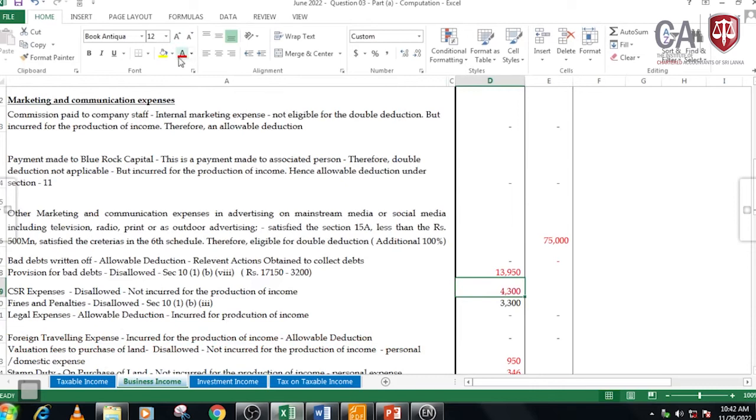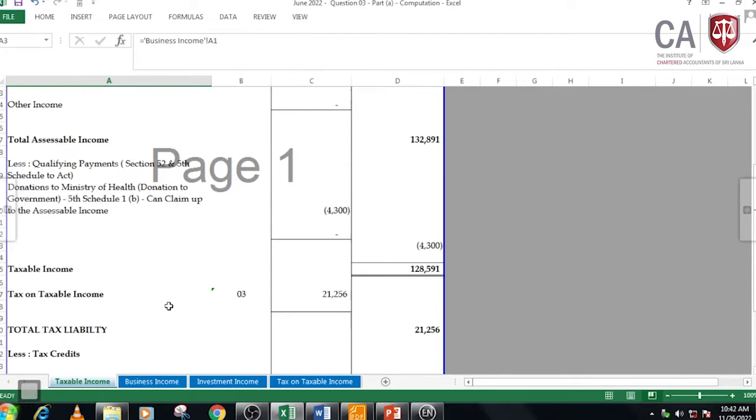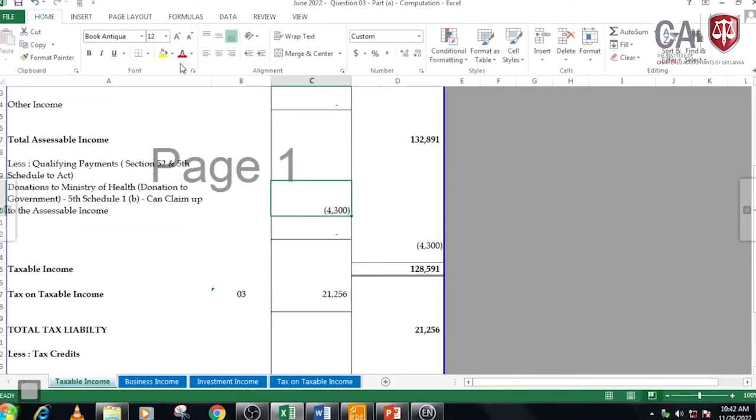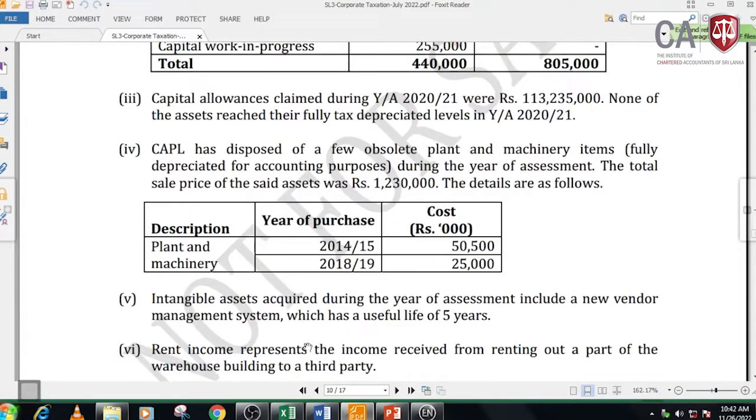And what I can do here is go to taxable income. In that, the donation to government can be claimed up to the assessable income, so 4.3 I have deducted from here.